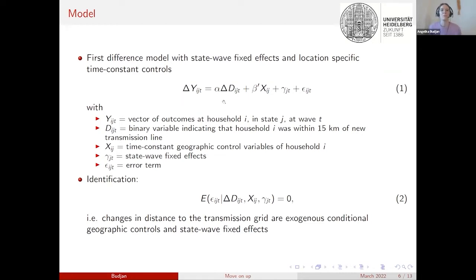So in this model, I'm basically comparing households that were close to a new transmission line to those that were not close to a new transmission line in the same state in the same year, which would control for state budget related reasons why a new transmission grid was constructed in this state in this year. And I'm controlling also for location specific time constant controls such as distance to the closest substation. So I'm comparing households that were at an equal distance located to a substation.